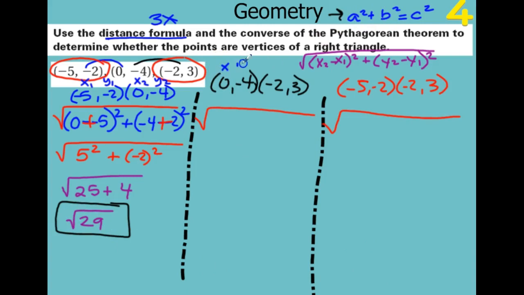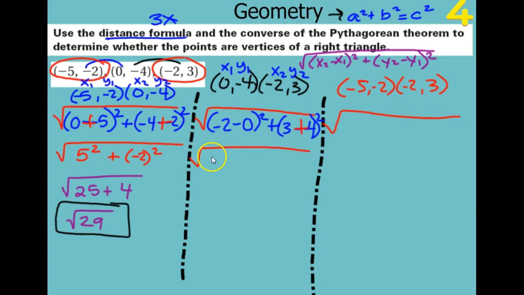I'm going to use this as my first point, x1, y1, and then x2, y2. So we have x2 minus x1, so -2 minus 0, and then, oops, that's squared. Plus y2 minus y1, or 3 minus a -4, and that is also squared. 2 negatives there make a positive.